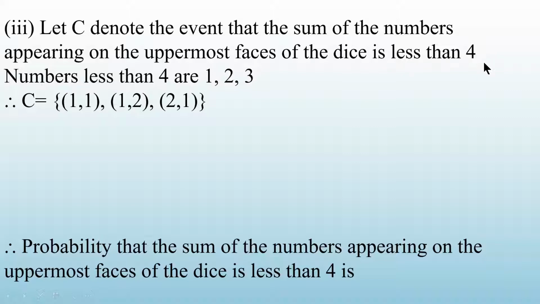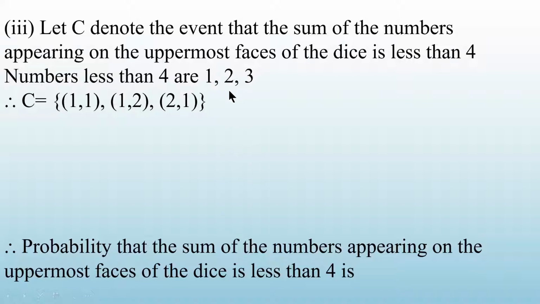Less than 4 means what do we have to check? Sum should be less than 4 means 1, 2 and 3. Okay. So see where you are going to get 1, 2. 1 will never come because the minimum possibility is that both the dice are showing 1. So 1 plus 1 is 2. So you will never get 1.